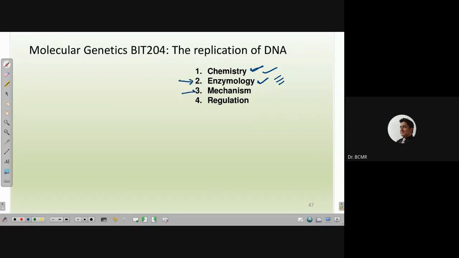In mechanism, how the holoenzyme works and how exactly the mechanism happens is what you will talk about. And then we have something about regulation of replication, but one important thing that we have to discuss is topoisomerase. And in that we will also discuss the end replication problem.